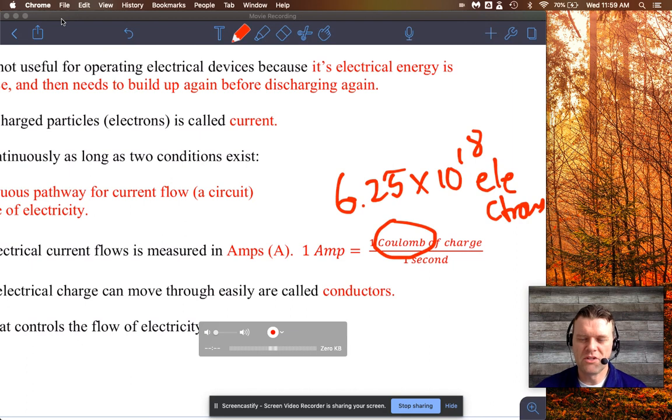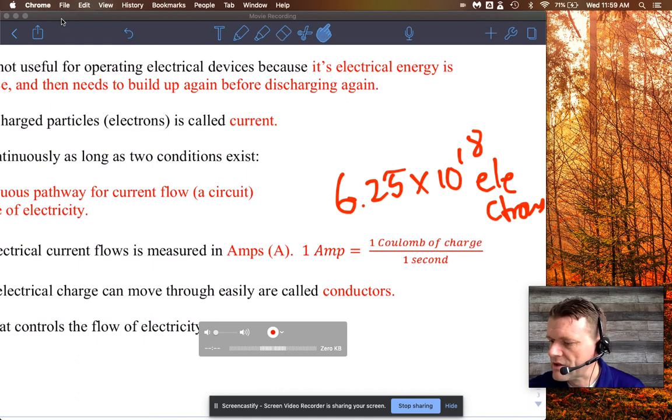But we always use the English version, which is just amp, which is shortened. But if you see Ampere, that's also a measure of current. Okay. But again, it's 1 coulomb of charge per second. I'd encourage you to watch the video on current and voltage, because it's really, really good.